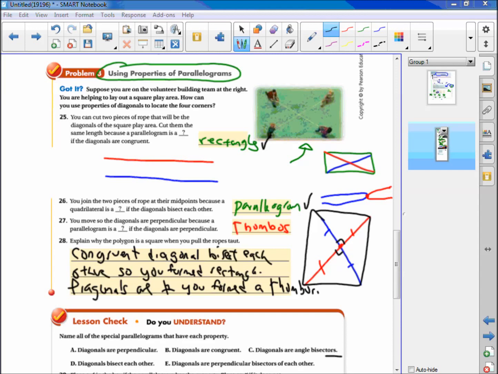And a rectangle that is a rhombus is a square. That goes back to our Venn diagram. If it's in both, it's both a rectangle and a rhombus, then it has to be a square. All right, we have our lesson check.